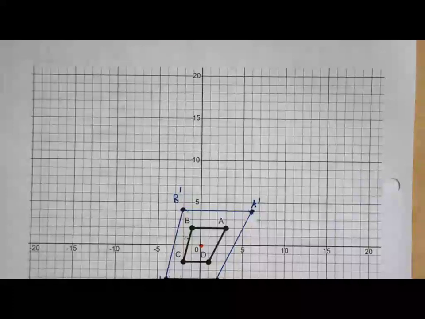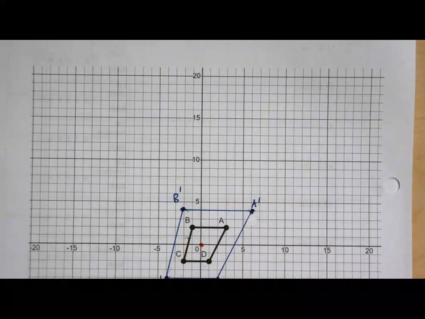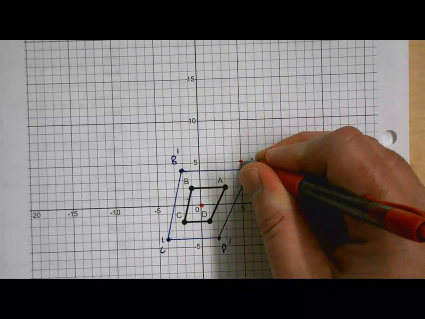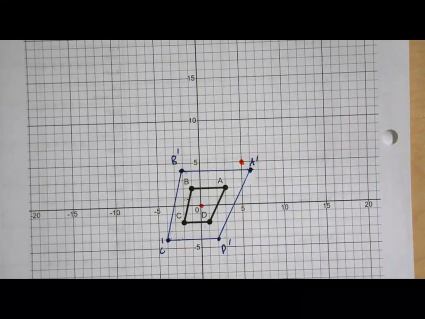So this time we're going back to the original again. We're using a different center for our center of dilation. We're not using the origin anymore.